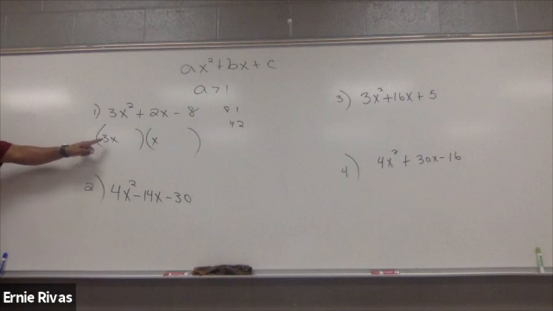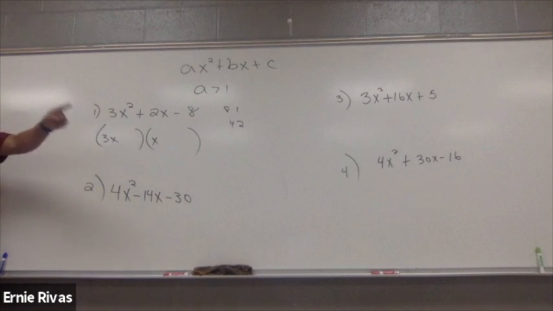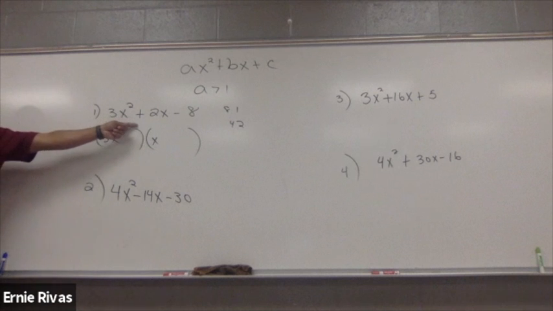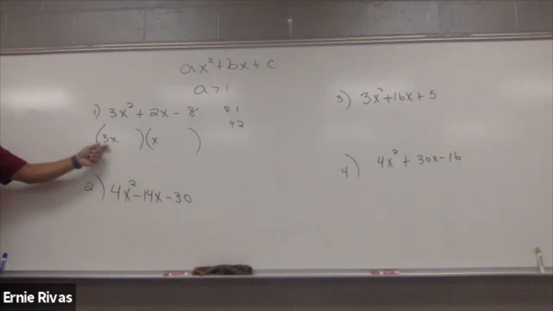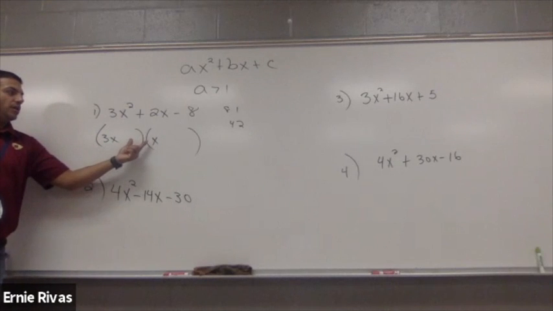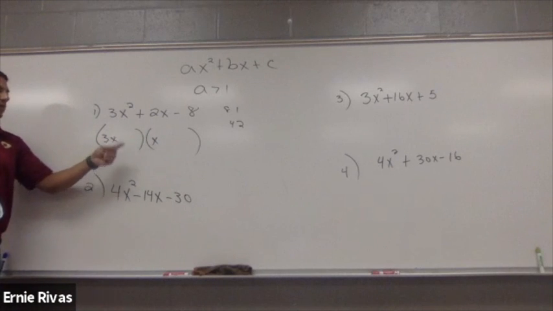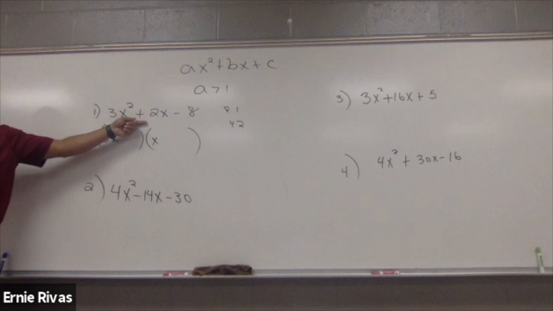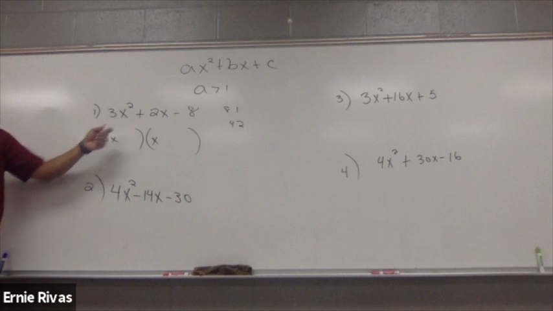4 and 2, because if we multiply 3 times 2, that gives us 6, and then we take away 4, we're left with 2. We need the bigger product, when we multiply 3 times 2 and 4 times 1, to be positive. Which one ends up being positive? 3 times 2.